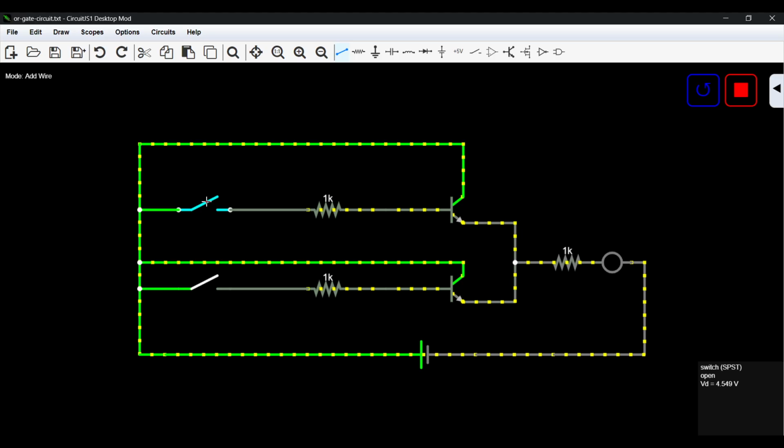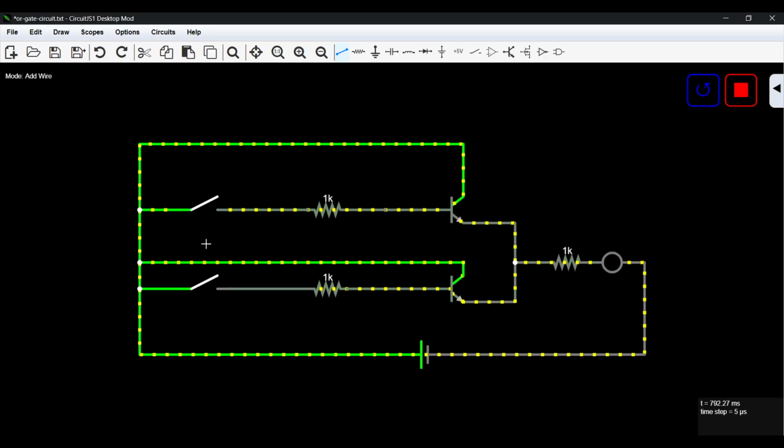So in this case, it's the same. We have two inputs. Right now, both of them are off. By off, I mean that electrical current is not passing through this to activate the base to allow this transistor to act as a normal wire. So if I activate A, the current can now flow through the first one to light the LED.